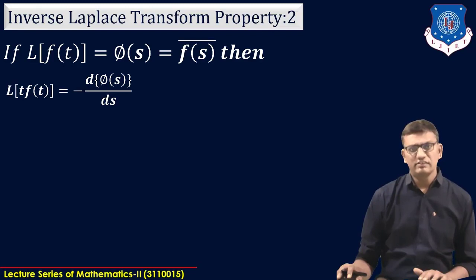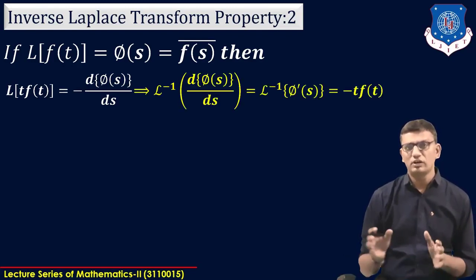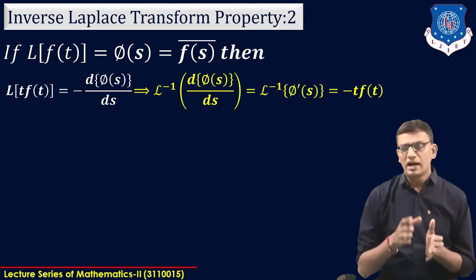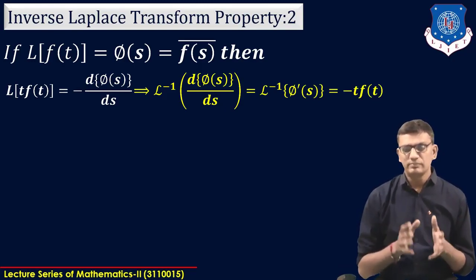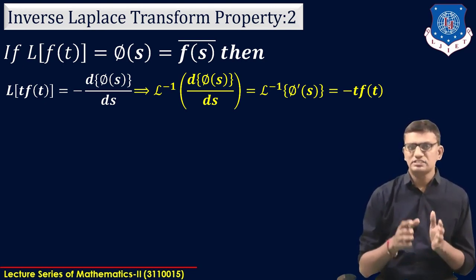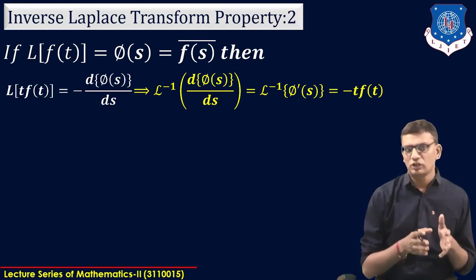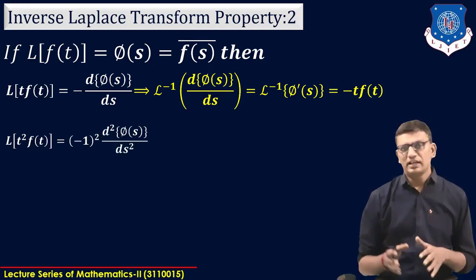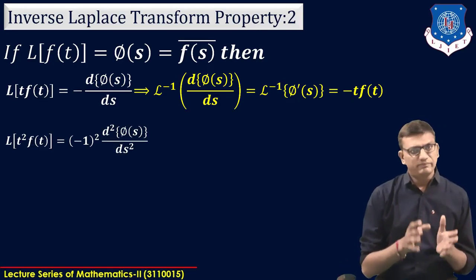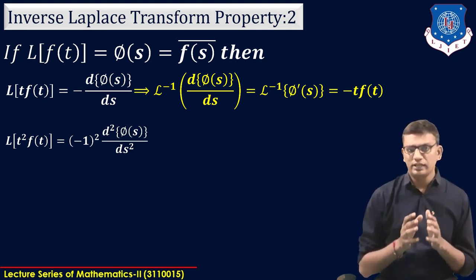That means in the reverse case, inverse Laplace of the derivative of φ(s) will be −t f(t). That means inverse Laplace of φ'(s) is equal to −t f(t), which is exactly the reverse process of Laplace of t f(t). Now if we multiply f(t) by t² and find the Laplace of t² f(t), then we have (−1)² times the second time derivative of φ(s) with respect to s.